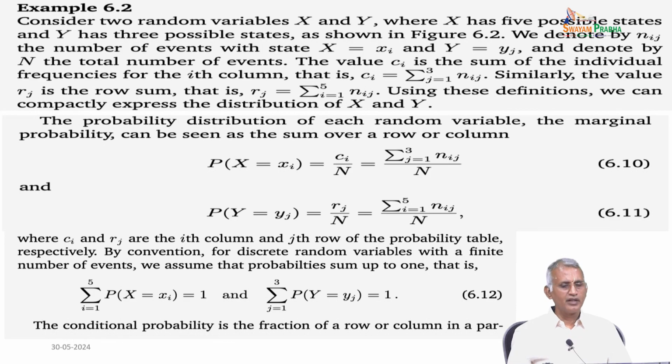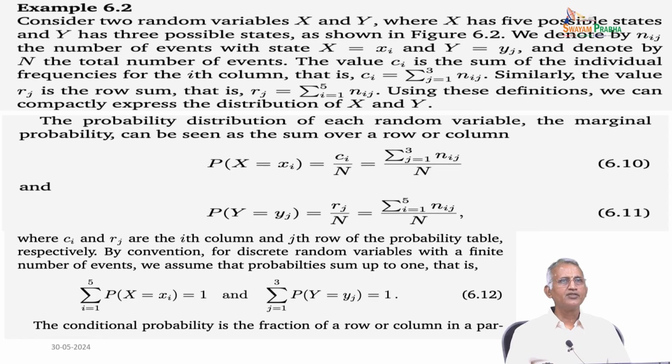Now, let us go with one example. Consider two random variables x and y, where x has 5 possible states and y has 3 possible states, as already shown in figure 6.2.